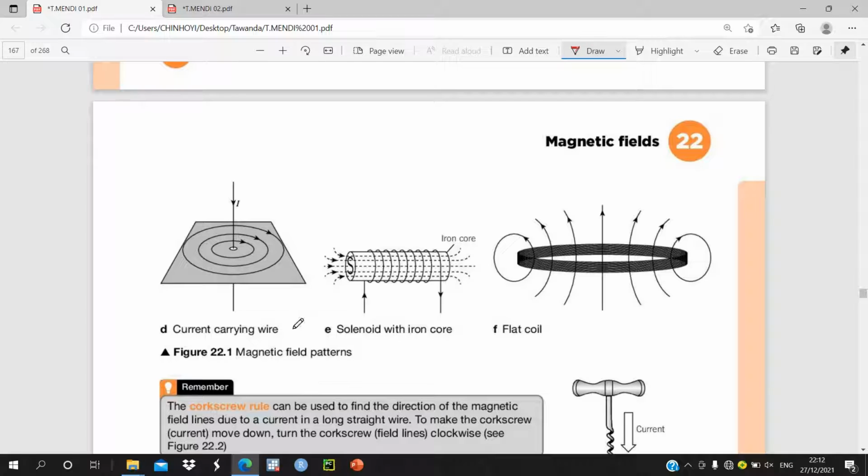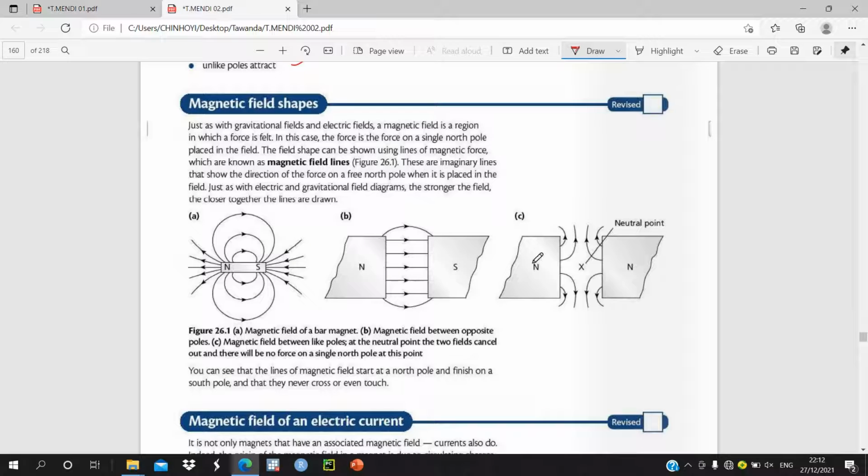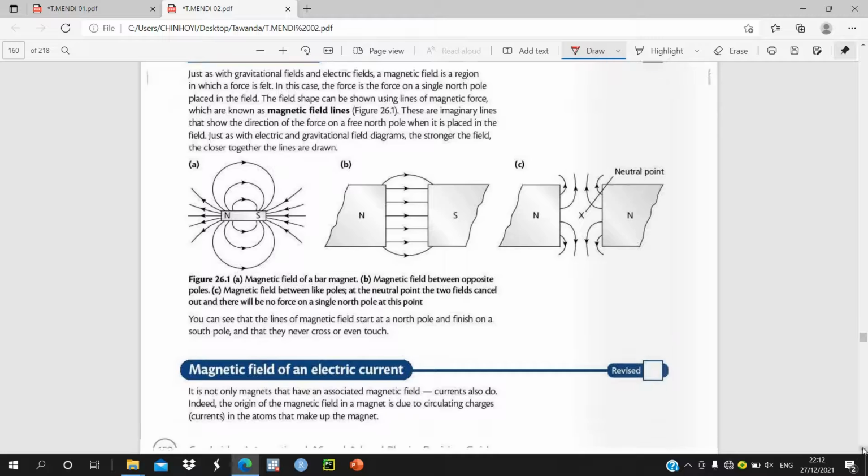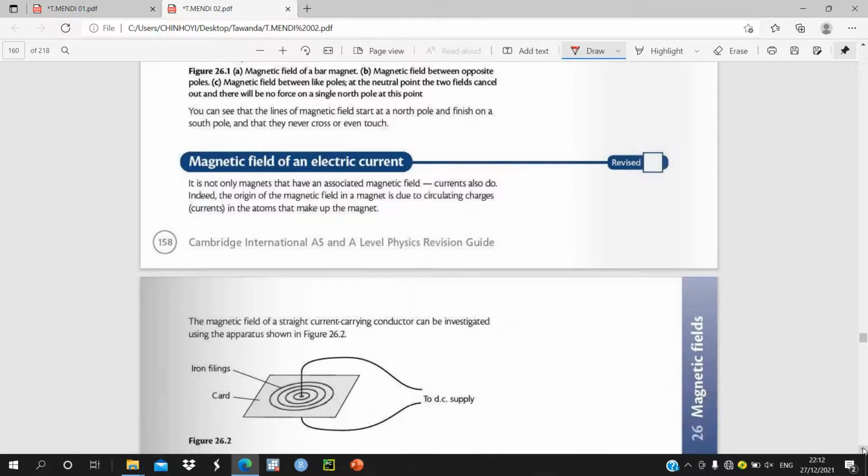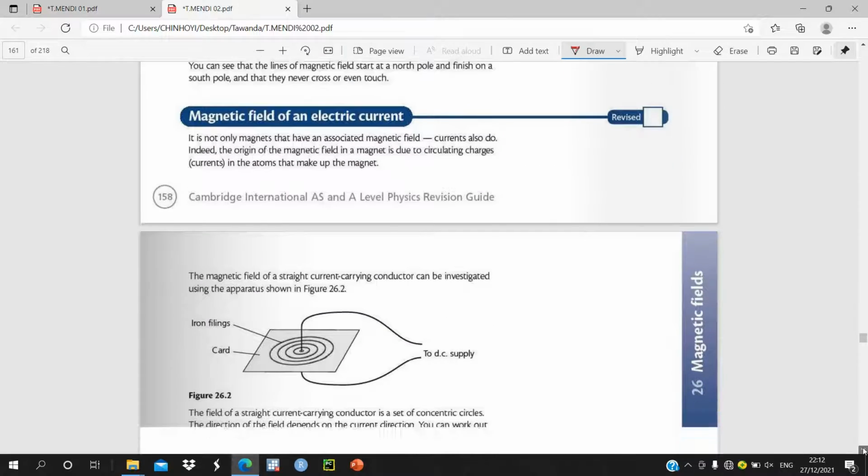We are going to look into detail that a current carrying conductor also produces magnetic field lines. The same applies to the solenoid. What is the magnetic field of an electric current?